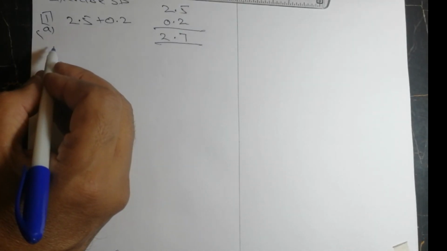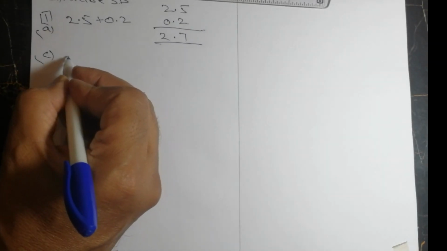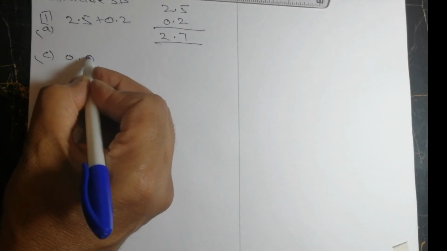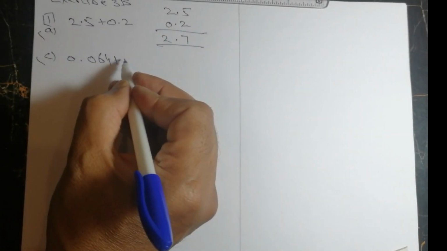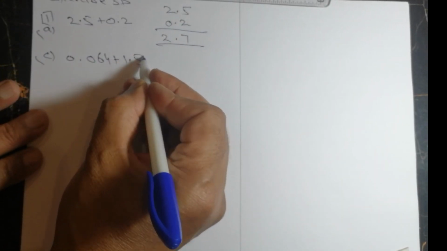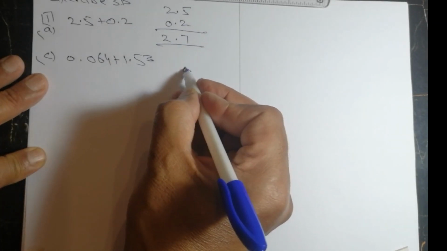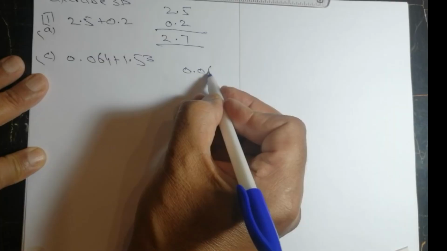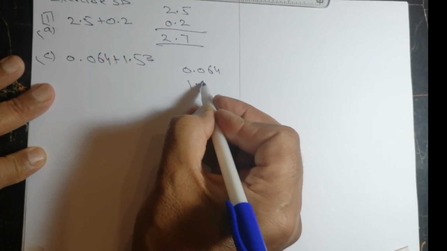Part C is 0.064 plus 1.53. So make sure of the alignment. We can write 0.064 and 1.53.